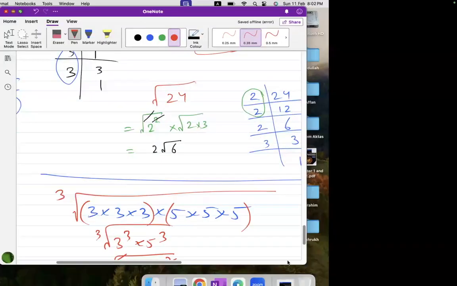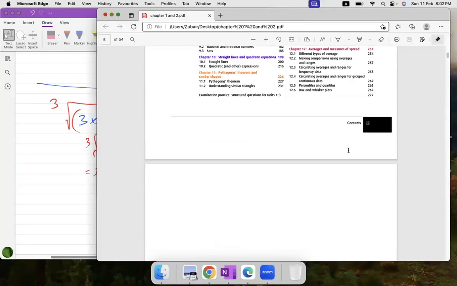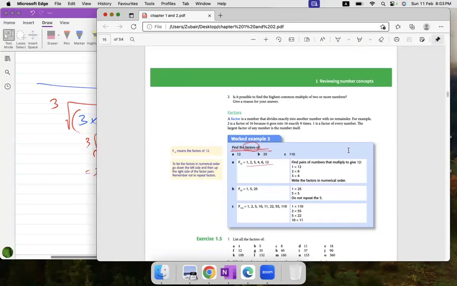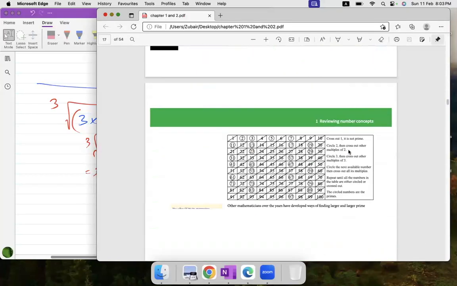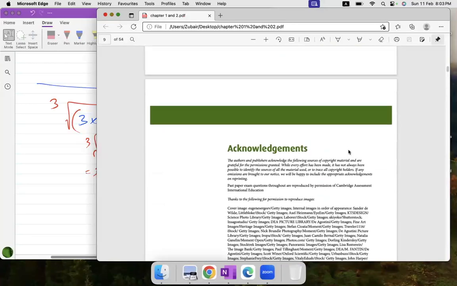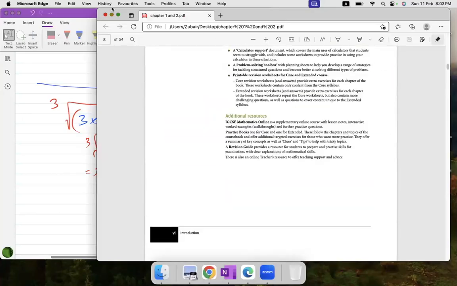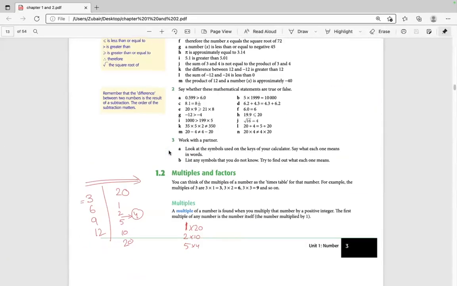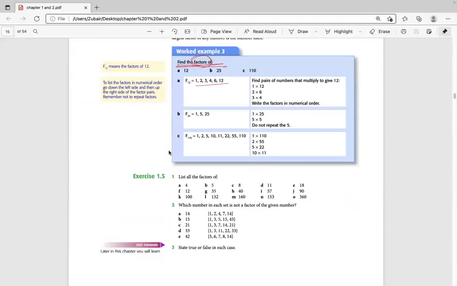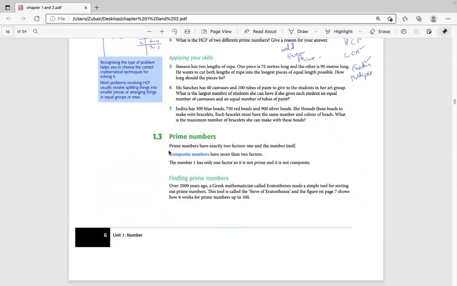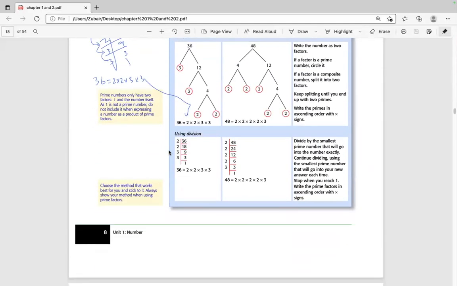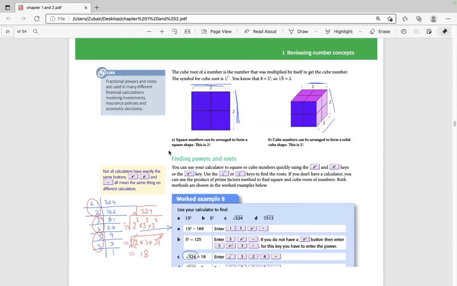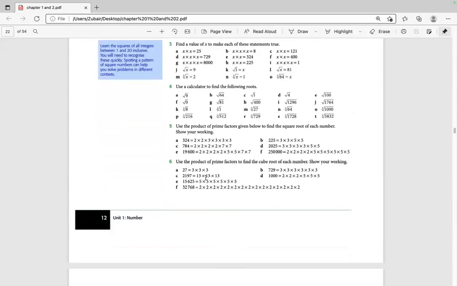And let me see what was question 6F. I think this was the one, 6F.